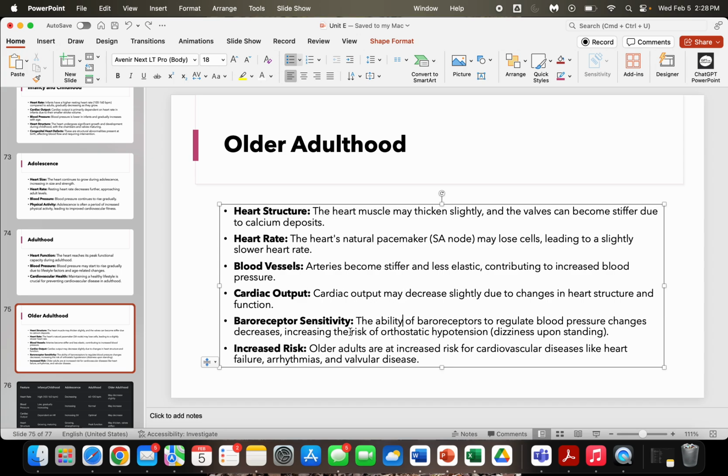Okay, so let's talk a little bit about this. Baroreceptor sensitivity. Our baroreceptors actually live in our carotid arteries. And so they are important to help us regulate blood pressure when we change position, especially.